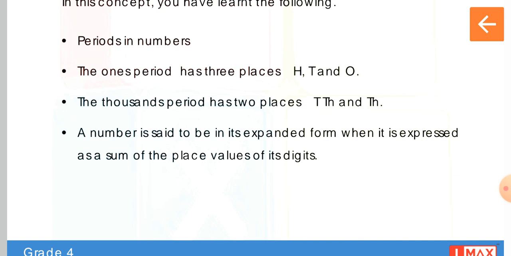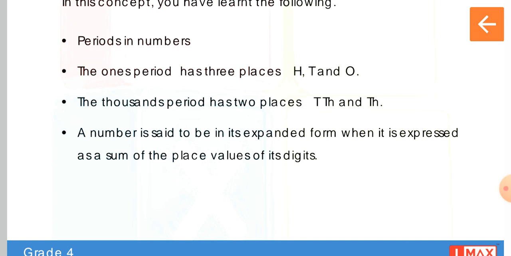That is our periods. One period has 3 places. We can divide the place value chart into the ones period, the thousands period, and so on. The ones period has 3 places: ones, tens and hundreds.